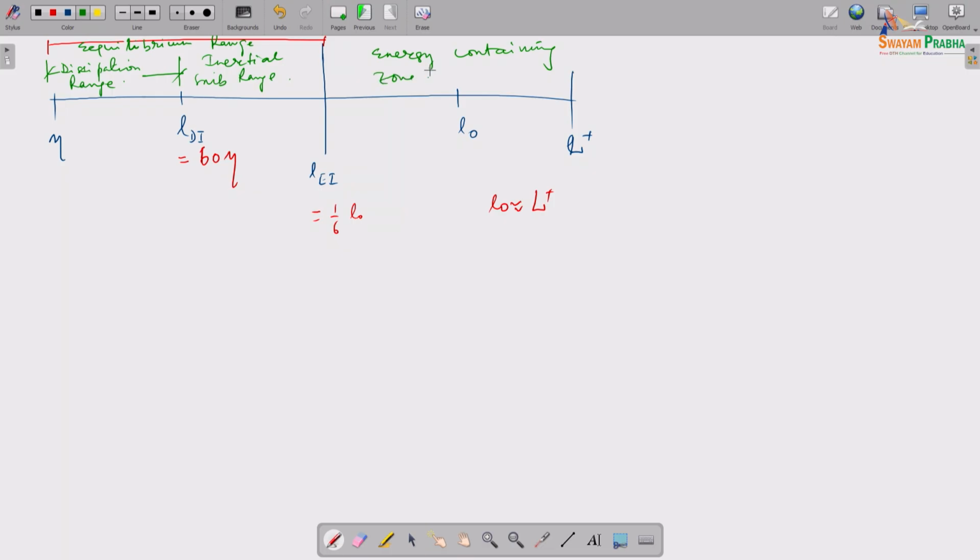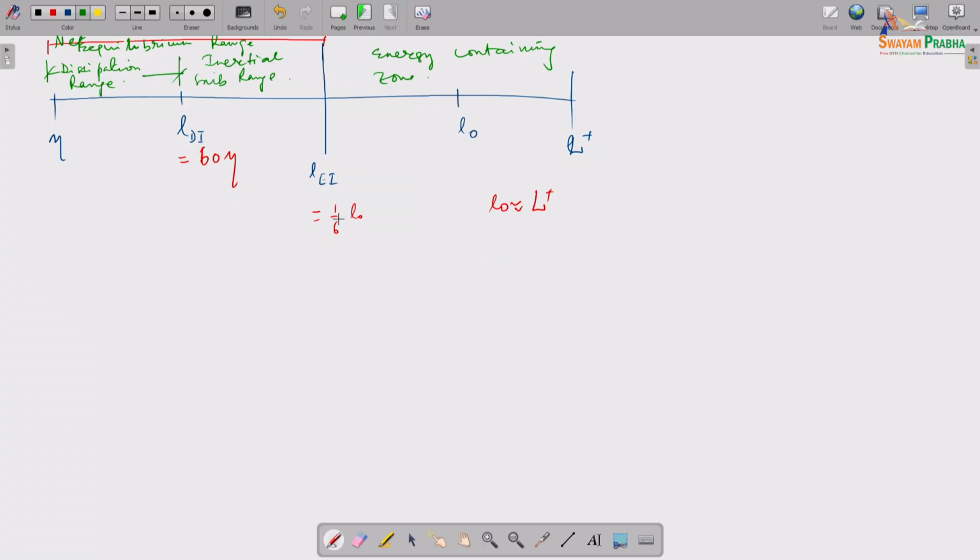So this is the non-equilibrium range, which is essentially less than 1/6 of this. So in this context, as you can see, the non-equilibrium range is less than 1/6 of the largest size of the eddy, right?